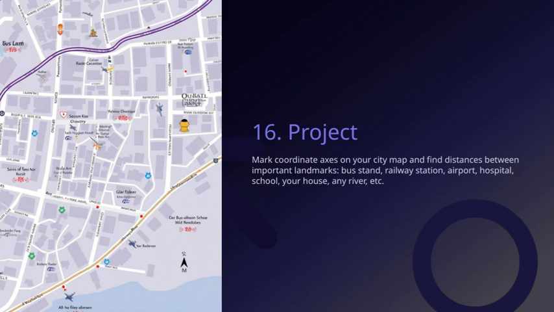Once you've marked these points, you can determine the distances between them using the coordinate system. This approach not only makes navigation easier, but also illustrates how coordinate geometry can be used in real-life situations. Remember, understanding these concepts helps us solve everyday problems efficiently and connects the mathematical ideas to the world around us.